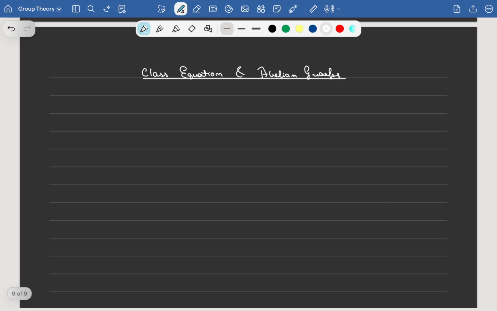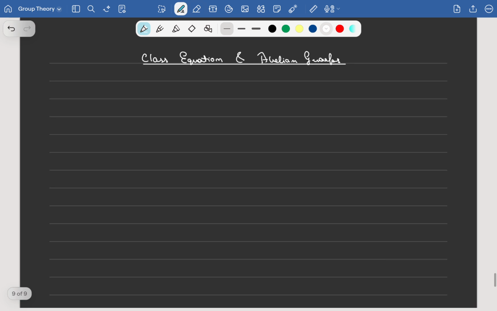So let us first discuss the notion of a class equation. If you recall, we had previously discussed the conjugacy class of an element a, which is defined to be the collection of elements of the form g a g inverse, such that g is in G. And this came out as the image of the induced homomorphism of the action by conjugation of a group on itself.